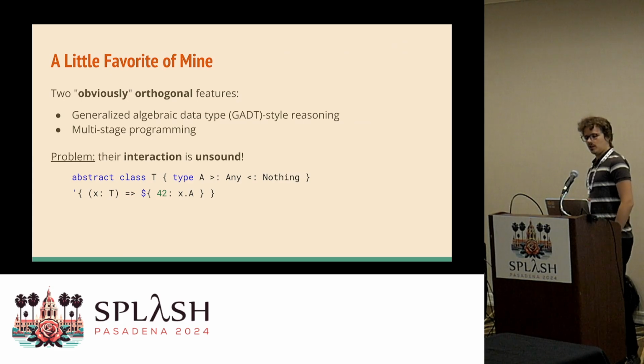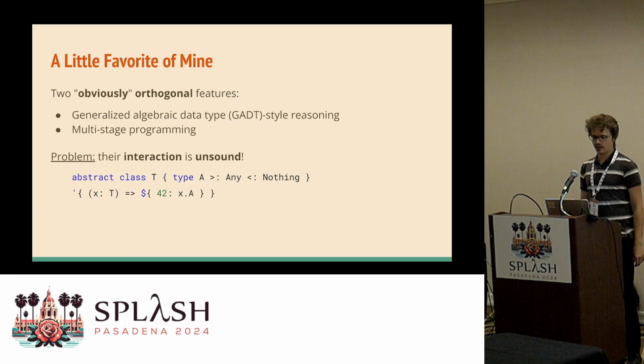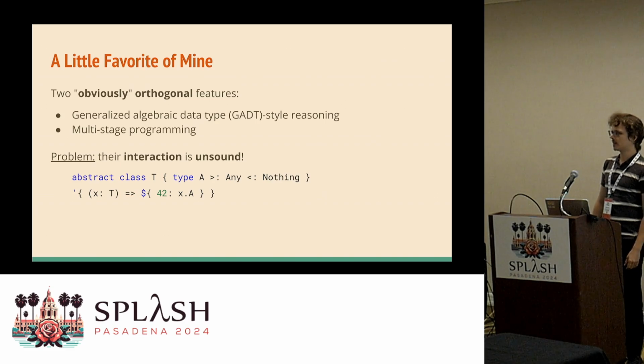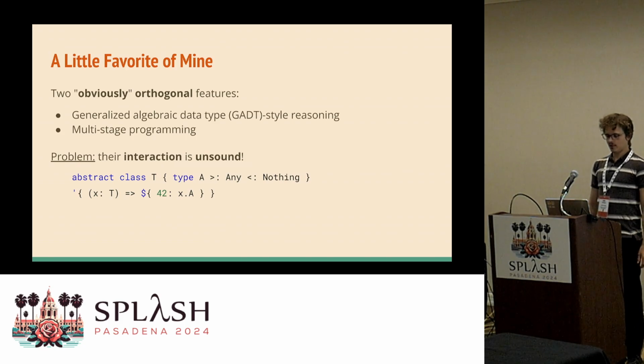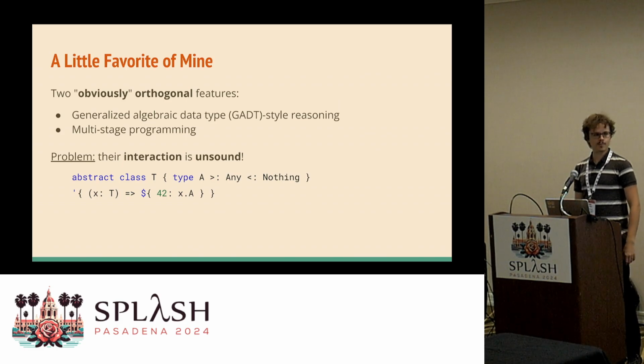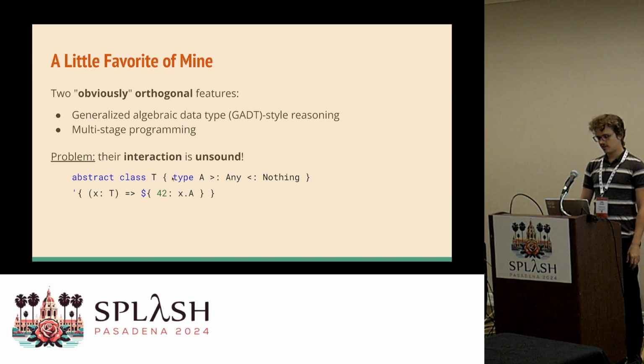And so here's probably the most concise way of expressing the problem, in Scala. It's not exactly using a GADT, because in Scala GADTs take a bit of a different shape, but it basically explains the essence of the problem. So here we have an abstract class that has a type member, right? So this type is attached to all individual instances of the class, and each different instance may have a different type definition for A, okay?